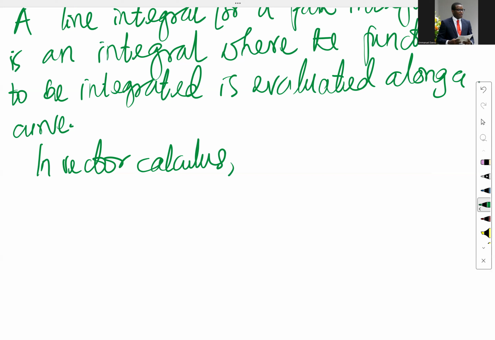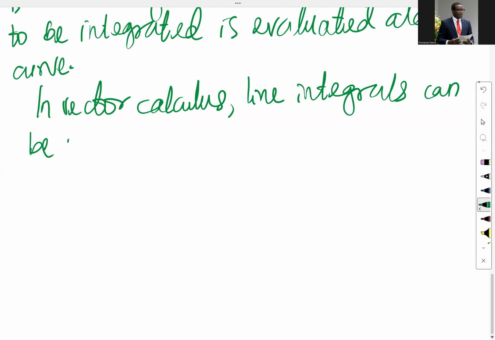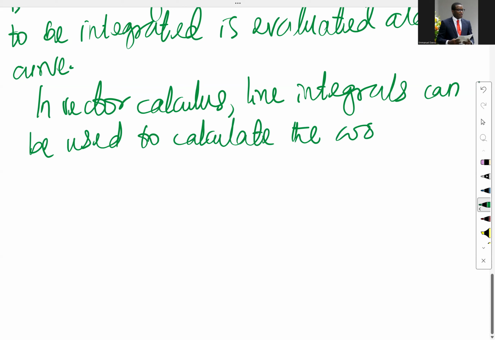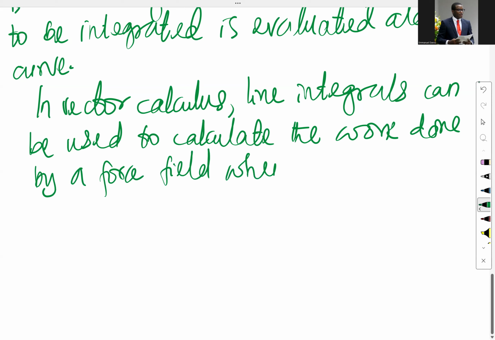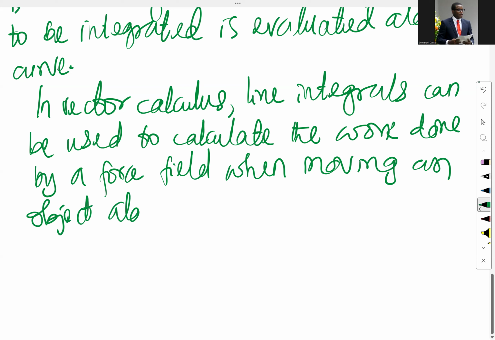So in vector calculus, line integrals can be used to calculate the work done by a force field when moving an object along a specific path.